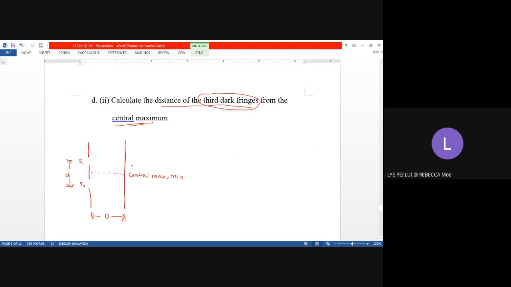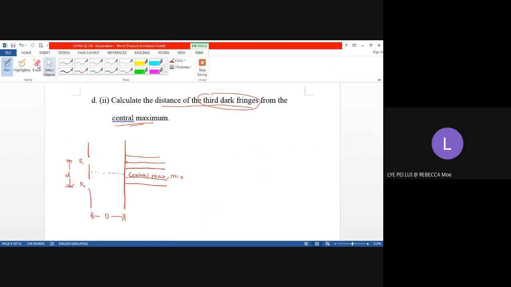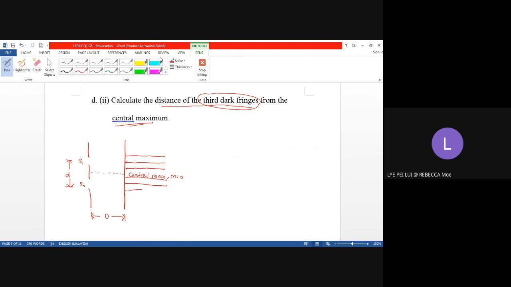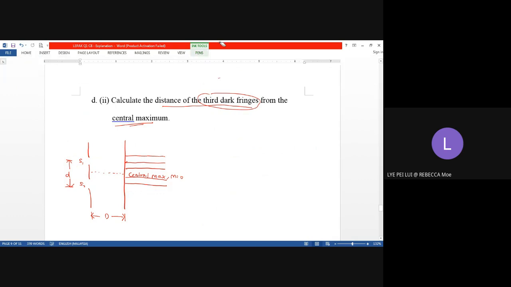Then you draw the spacing. It should be the same, should be the same. The spacing should be uniform.